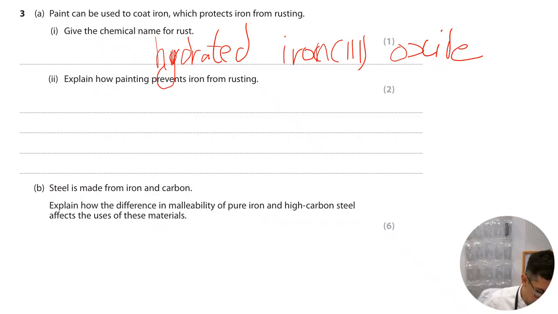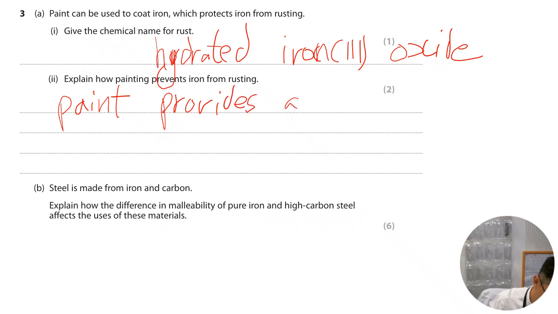Explain how painting prevents iron from rusting. So the paint provides a barrier and prevents, well, what do we need for rust? What is it going to prevent?